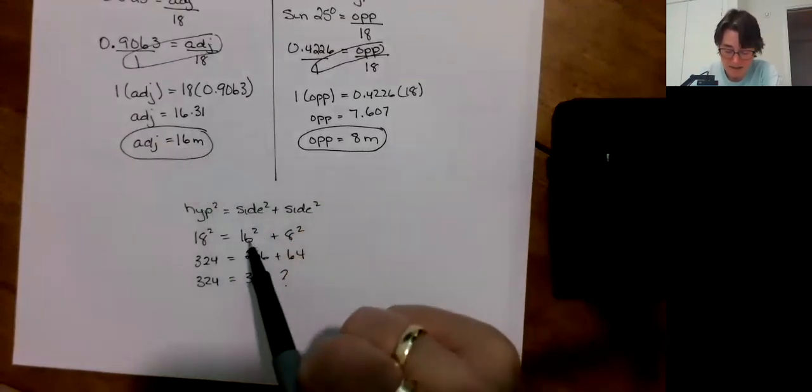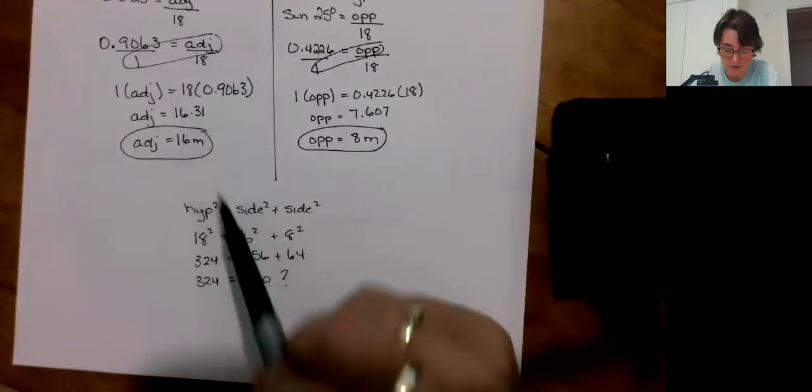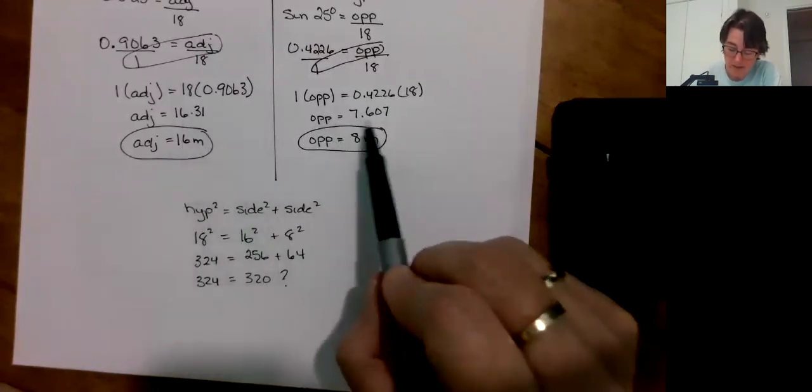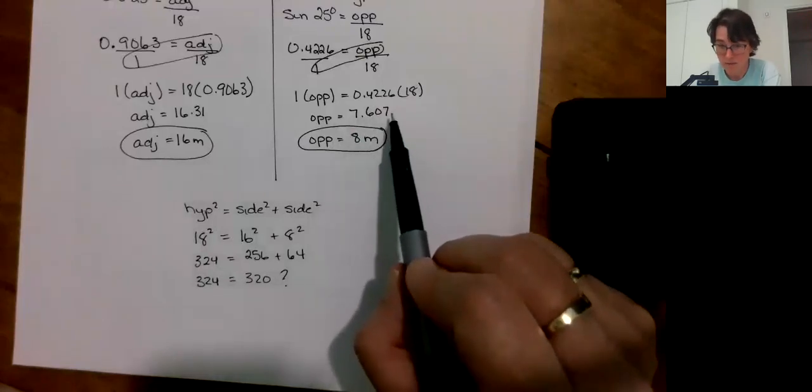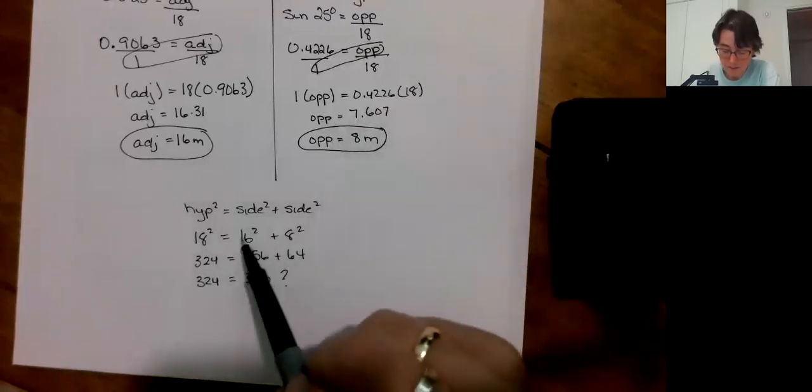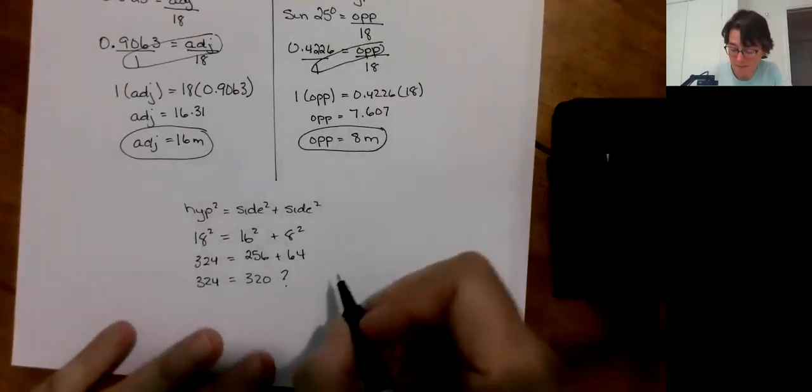Nothing's wrong. What actually happened is, because we rounded, this wasn't actually 16 meters, it was at least 16.31. And this one wasn't 8 meters, it was 7.607 meters. So by rounding, our check is a little bit off. But I'm still going to say it's okay.